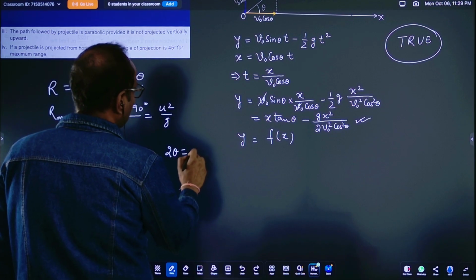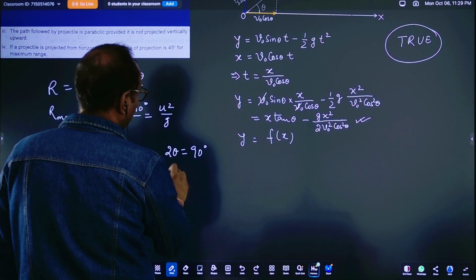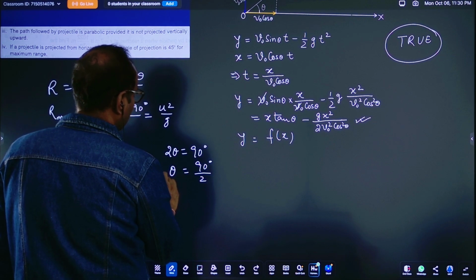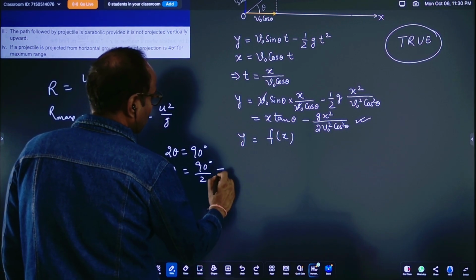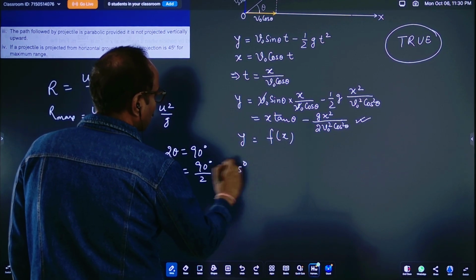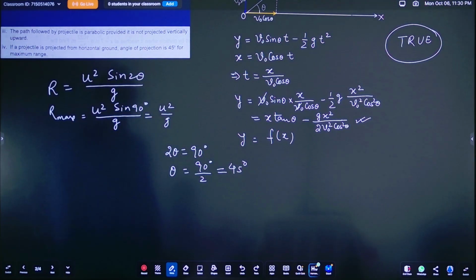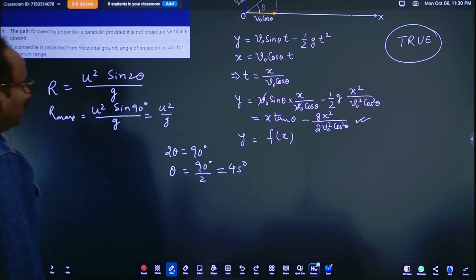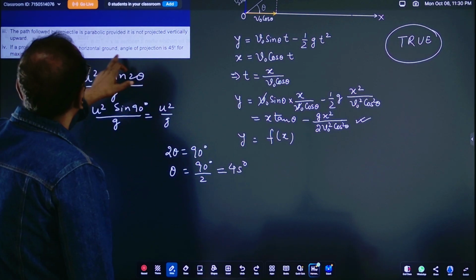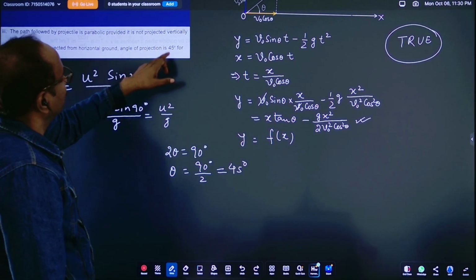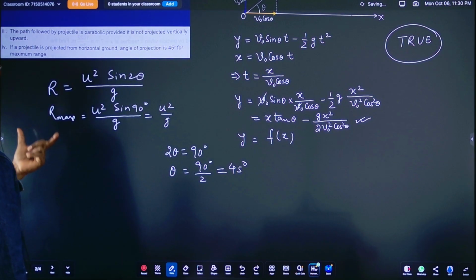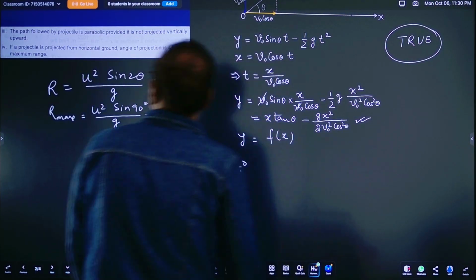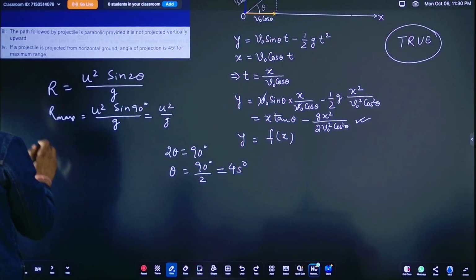So your 2 theta is equal to 90 degree, so theta will be 90 degree by 2, that is 45 degree. So we can say that for a 45 degree angle of projection, the range of the projectile will be maximum. So this statement also is true.